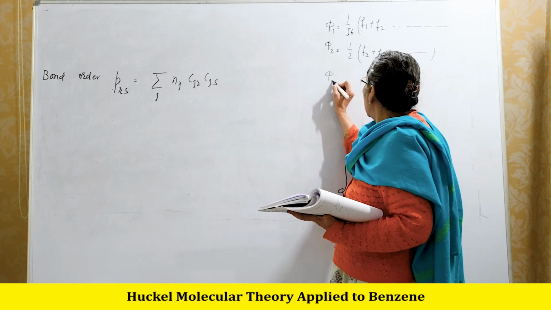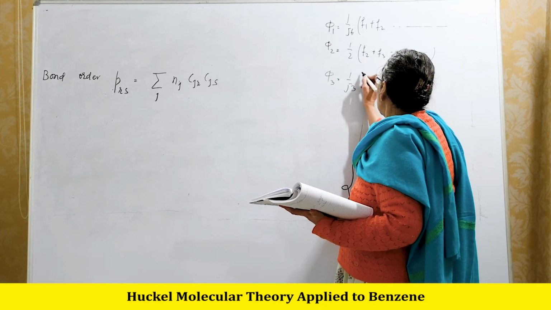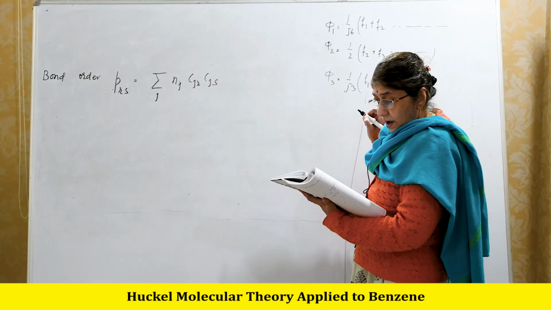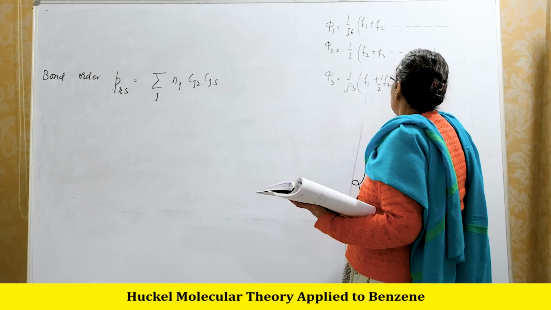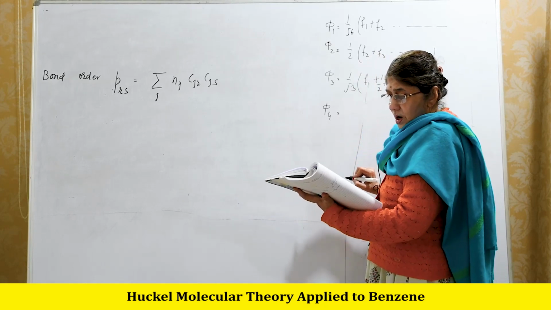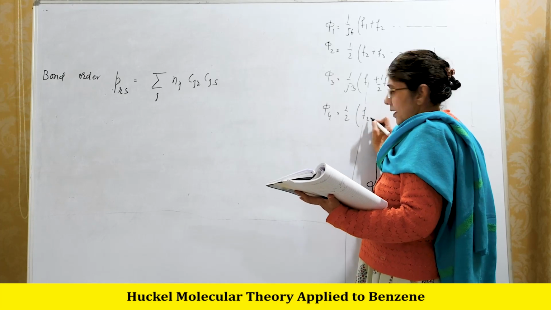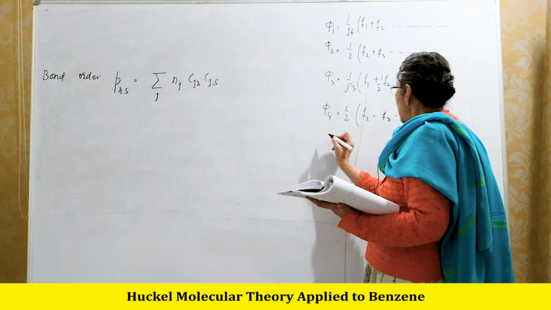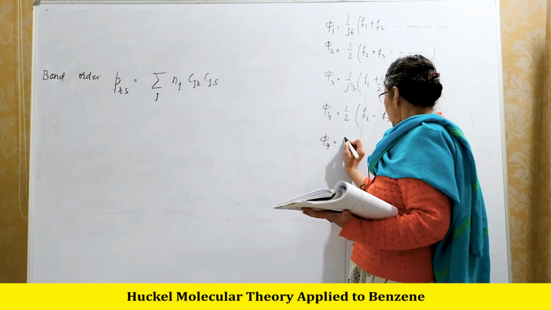Phi 3 is equal to 1 by root 3 (F1 plus F2 plus half F2), and phi 4 is equal to 1 by 2 (F2 minus F3), and like this.